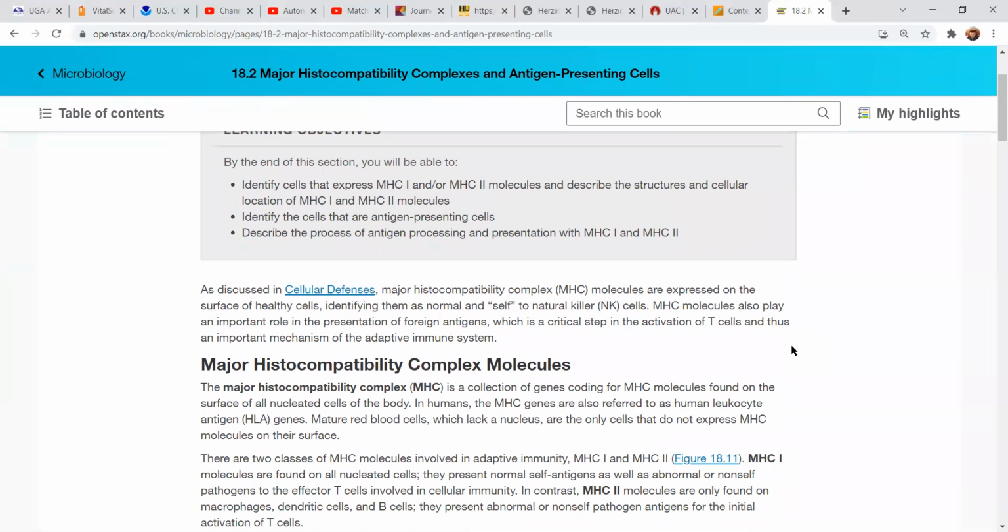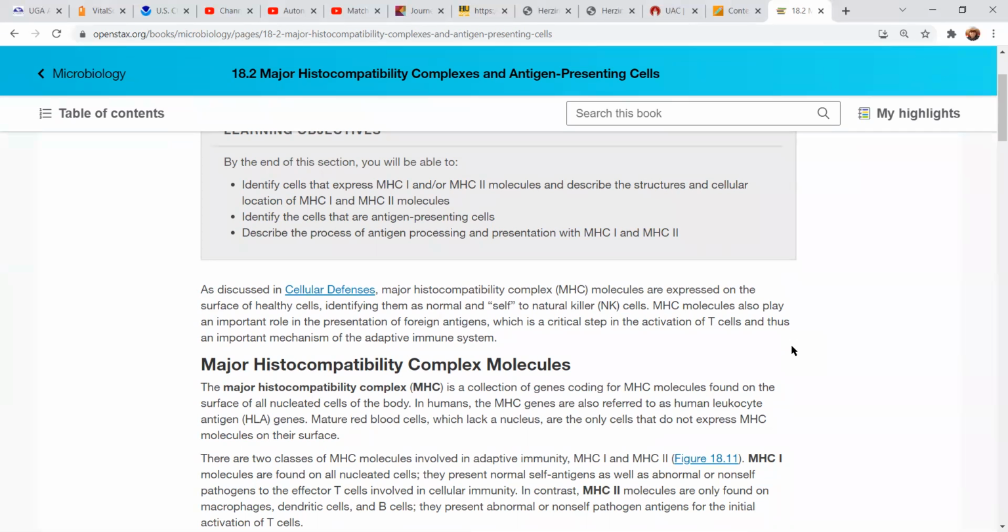So when we were talking about innate or nonspecific immunity, we talked about the major histocompatibility complex molecules, or MHC molecules. These are on the surface of healthy cells, basically identifying them to the immune system as normal, as self, so that our immune system doesn't start to attack them.